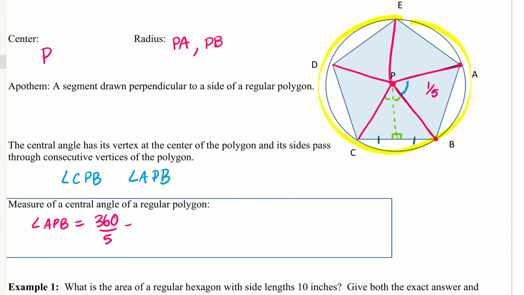Here that's going to be 72 degrees. And in general, if we want to find the measure of a central angle, we can take 360 degrees and divide it by n, where n is equal to my number of sides.